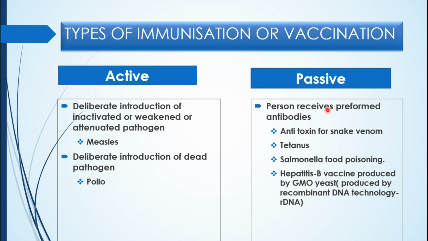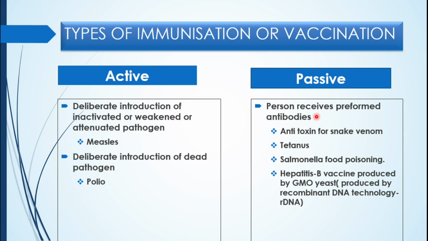Now, how is it different from passive immunization? In passive immunization, when a person is infected with some deadly microbes to which a quick immune response is required, we cannot wait, because the pathogen happens to be very, very deadly. In such a situation, the person will receive preformed antibodies. We have already discussed that these come from some other organism.